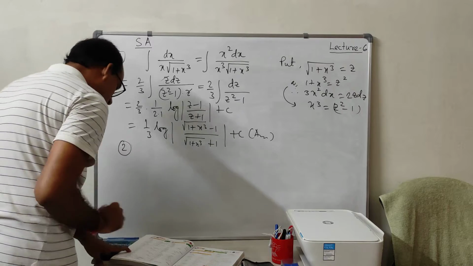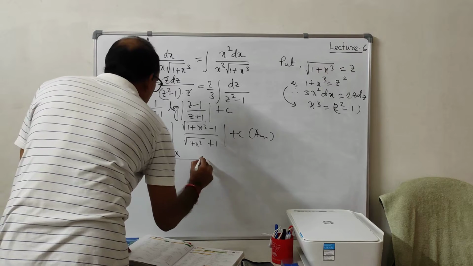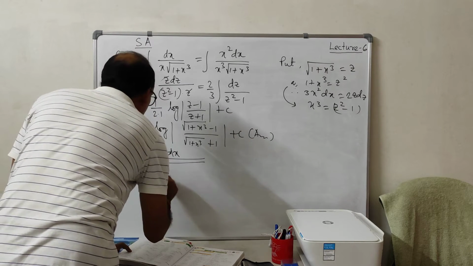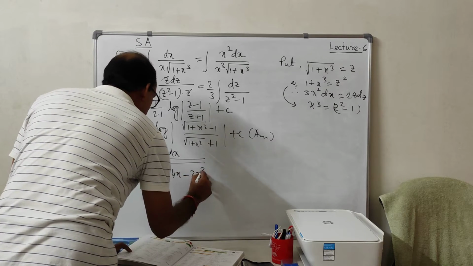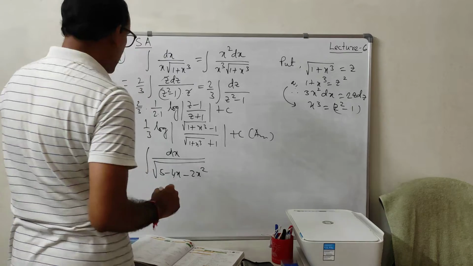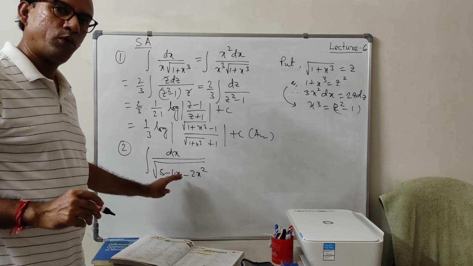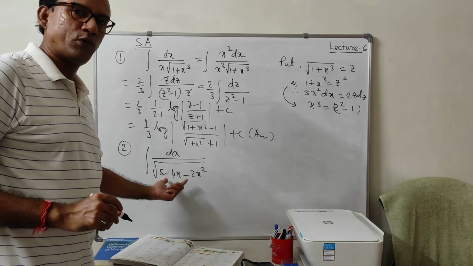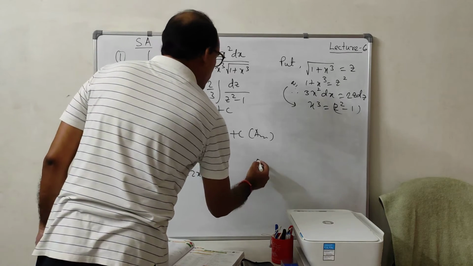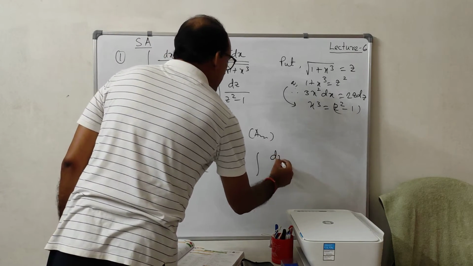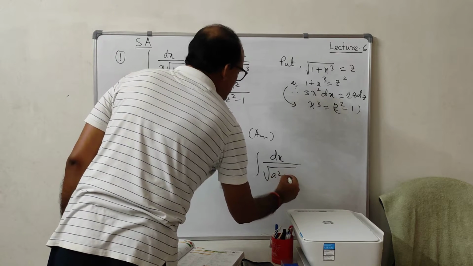Next, we take this example: integration dx over root over of 5 minus 4x minus 2x square. You have to manipulate this integral in some way so that you get something like integration dx over root over of a square minus x square.